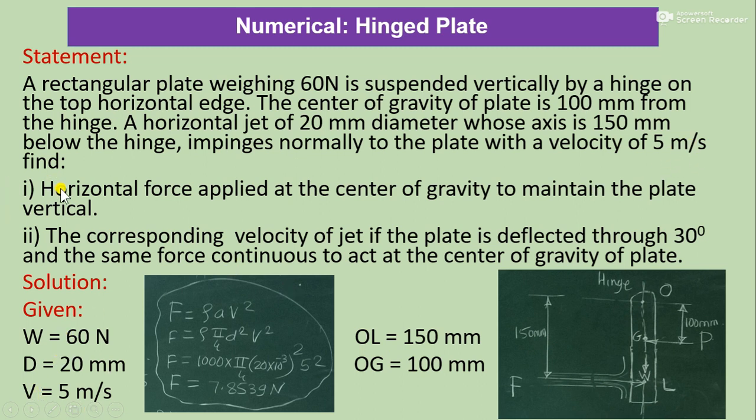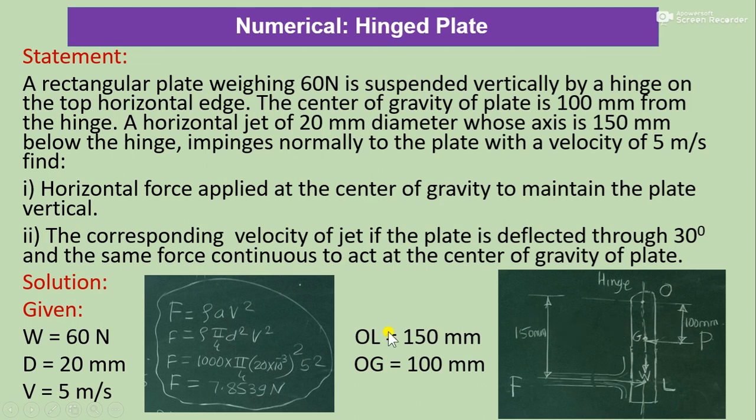Now we are asked to find, first, the horizontal force applied at the center of gravity to maintain this plate, means this P we have to calculate. Then second, when the plate is deflected through a 30-degree angle, the velocity in that situation is to be calculated.